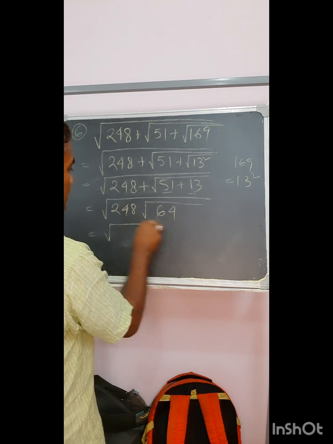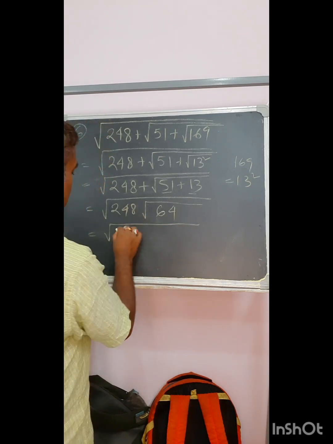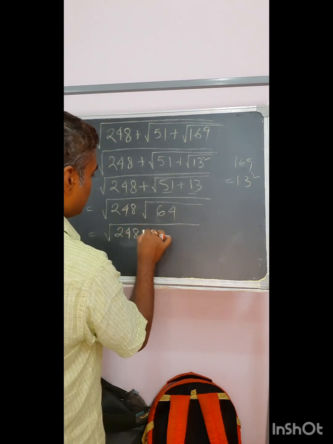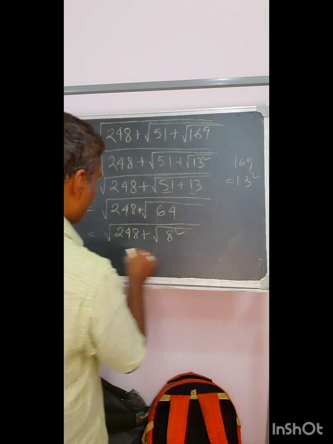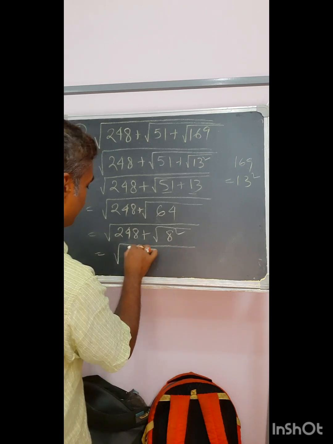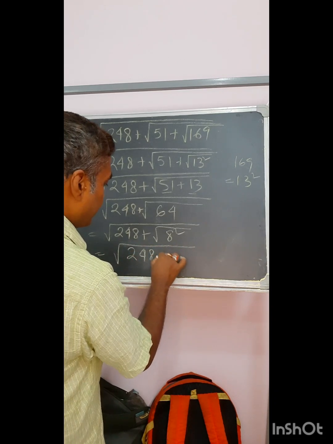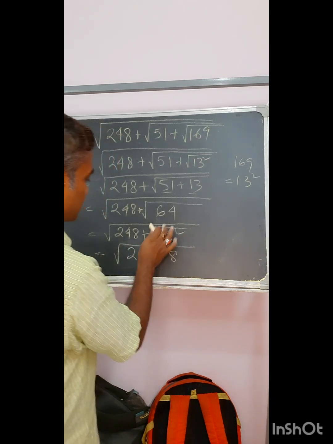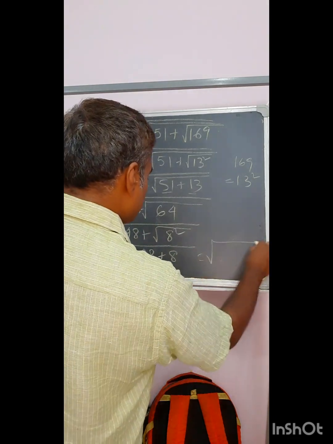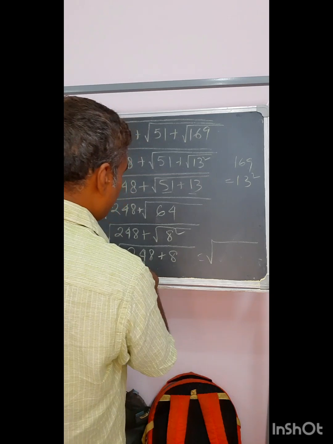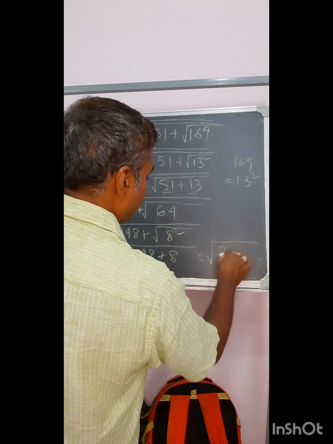Now I have to try to bring this surd outside the surd. What is that? 8 square. So now 8 will come out and that surd will vanish. Now come to the last step, which is 48 plus 8, 256.